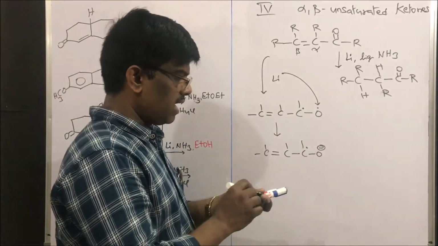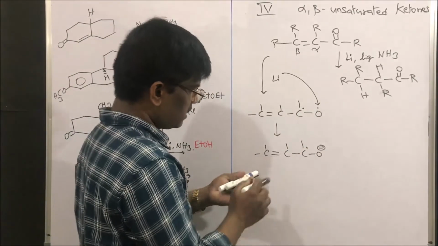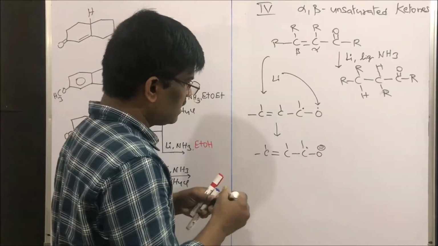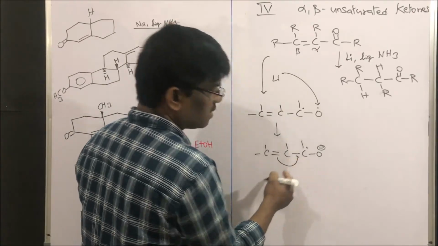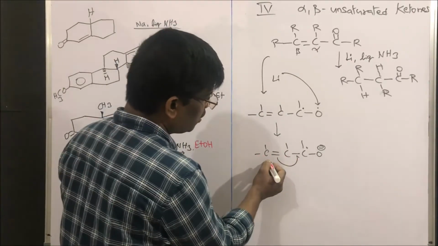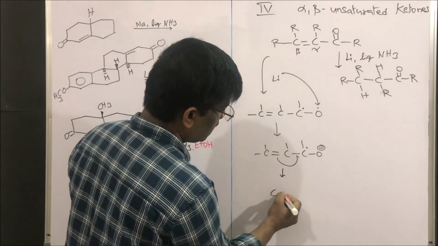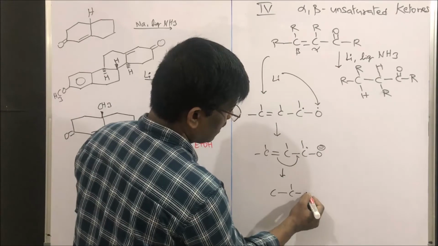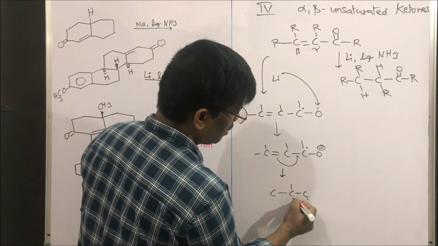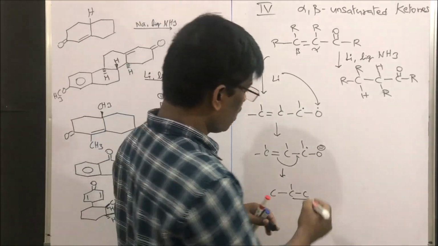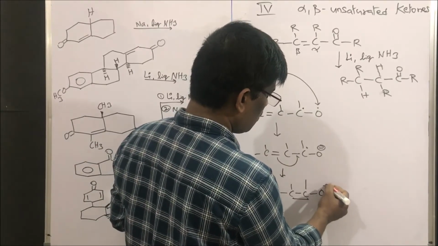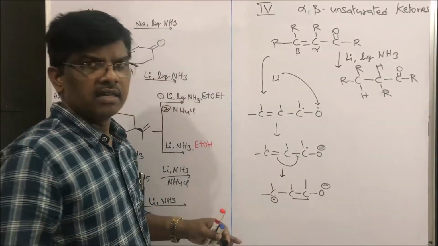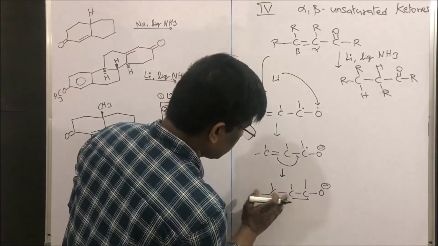So what happens, since these are very near, this radical can be accomplished by this double bond to give here radical. What I am going to get? C double bond, radical I am going to make it as bond, double bond CO minus. Here radical I am getting. Yes students, so radical I am getting here.